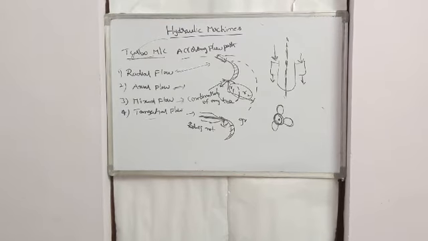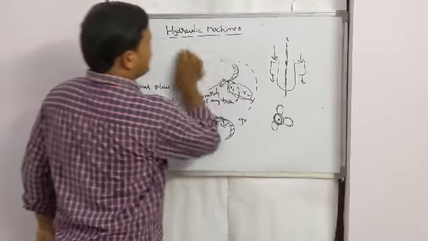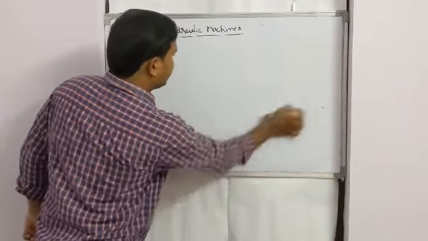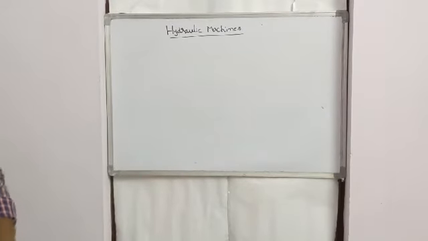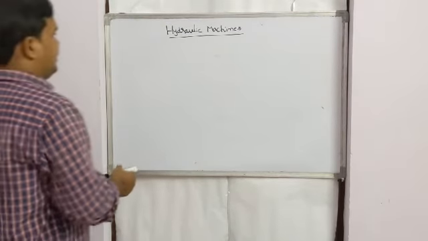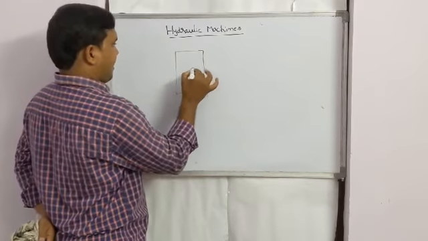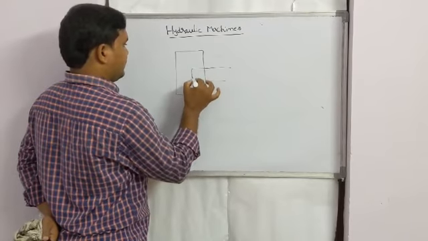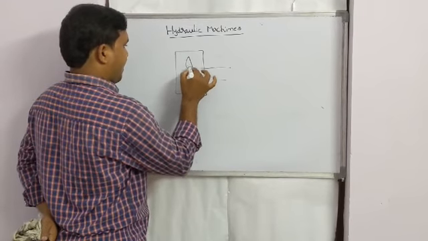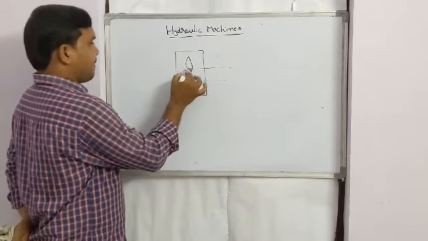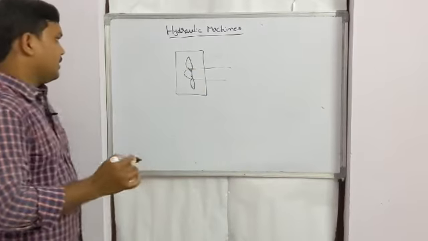And coming to the turbo machines, I already told that the hydraulic machines are of two types. The principle of a hydraulic machine, I will draw it. Just see, this is a system, this is the shaft, and this is the blades of the shaft.